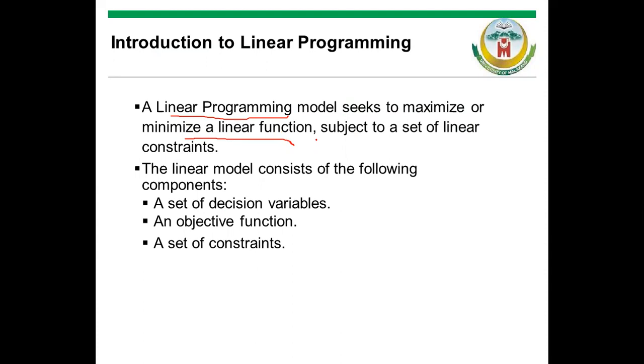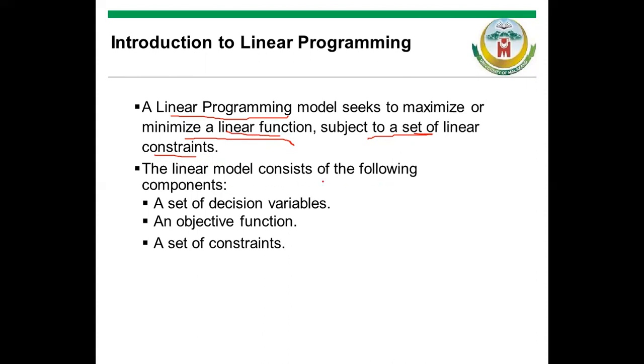You can go back to that lecture so that you can understand what is a linear system. So a linear programming model seeks to maximize or minimize a linear function subject to a set of linear constraints. So there will be a linear function and there will be some constraints.